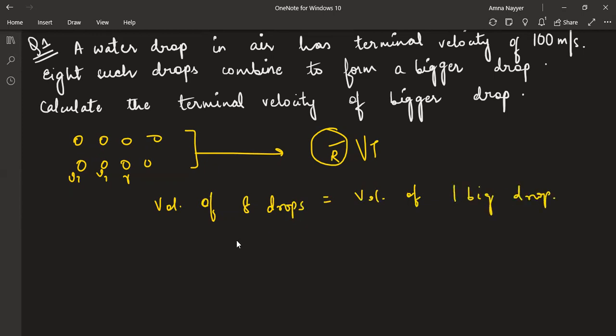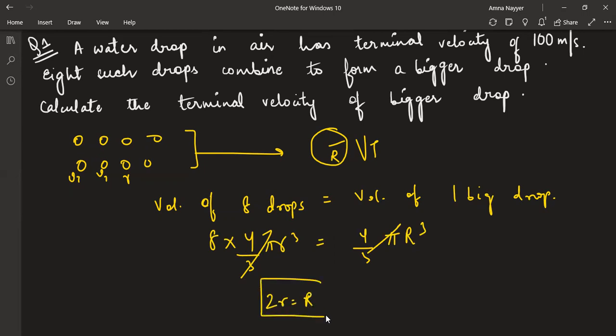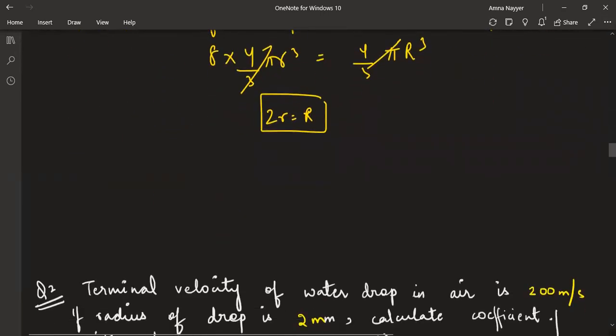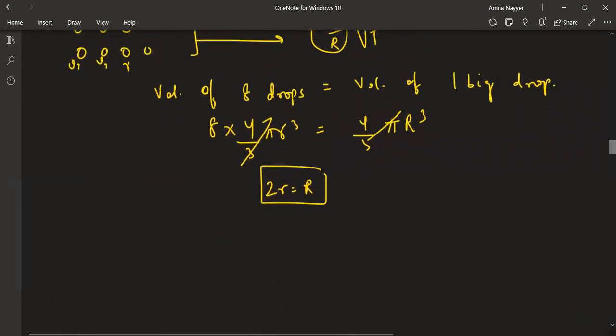So when you equate both, then 8 times 4 by 3 pi r cube becomes equal to 4 by 3 pi capital R cube. So 4 by 3 cancel, take the root, 2r becomes equal to capital R.